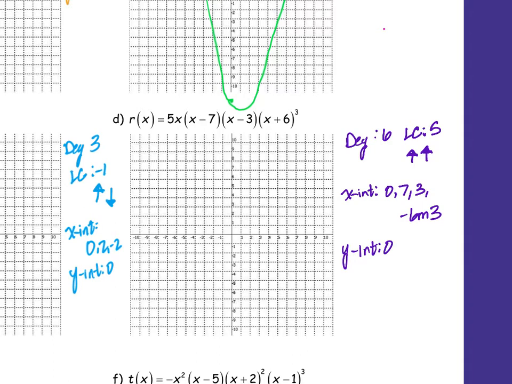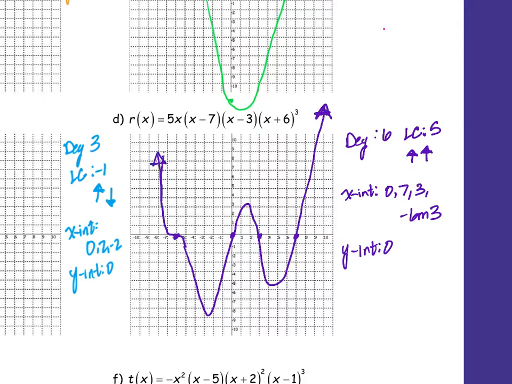So I've got -6, 0, 3, and 7. Okay, so I'm going to start up here, and it's going to flatten out at -6. Oh, and it has a y-intercept at 0, so it's going to come down here somewhere, come up, come down, back up.